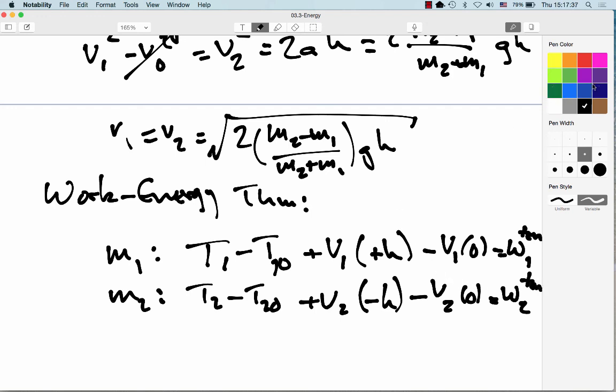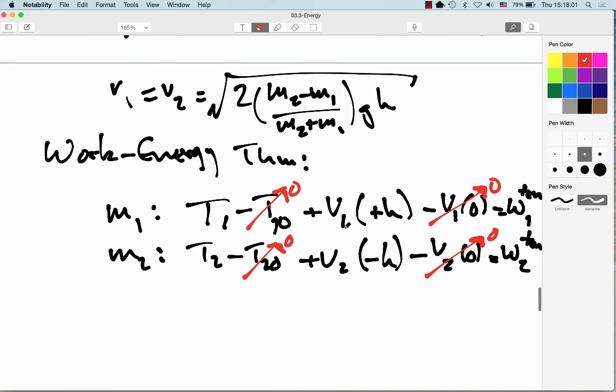All right, again, let's go for the low-hanging fruit here, shall we? We're letting it go from rest. Initial kinetic energies are 0. We may as well set our potential energy to be 0 at the beginning. No reason not to. That'll just make things go a little easier.